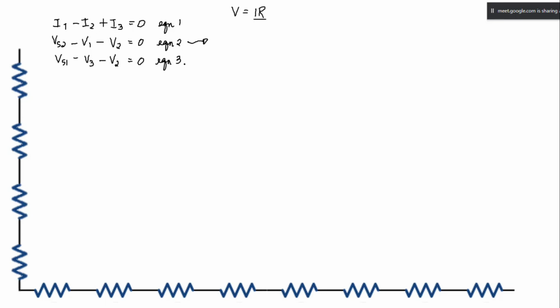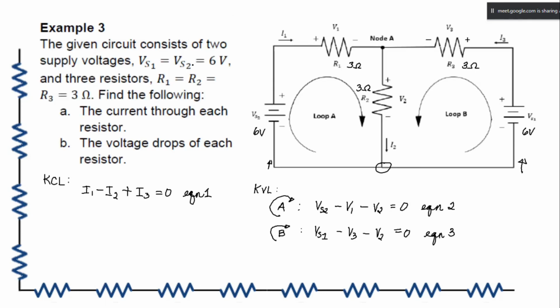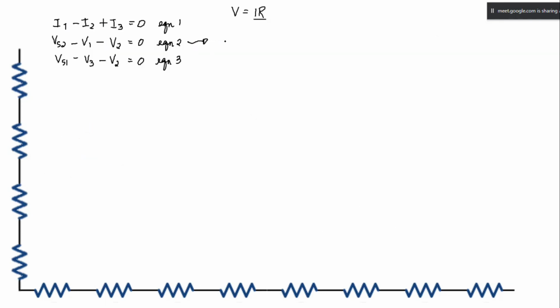Tama? Paano po iyon? Dito po ako kay equation number 2. Yung V sub S2, given na po yan sa ating problem, which is 6. Tama? So, automatic ko na po siya dito 6. Minus ang V sub 1, that is I sub 1 times R sub 1, minus I sub 2 times R sub 2 equals 0. Or, pwede siya maging 6 minus I sub 1, ang R sub 1, that is 3, tama?